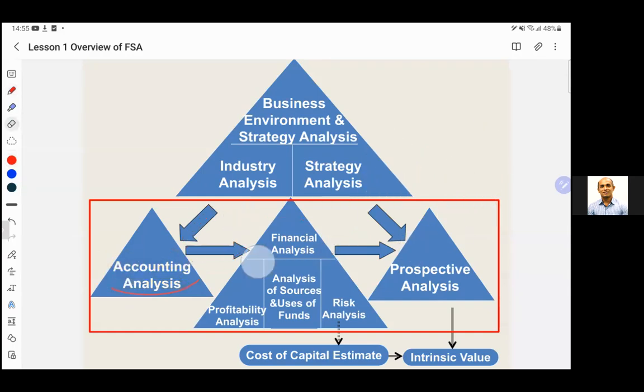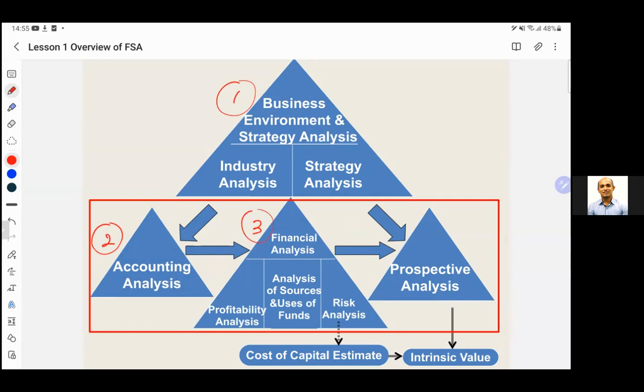You first have knowledge about the business environment, company strategies, industry, then accounting analysis. After that, you can do financial analysis.